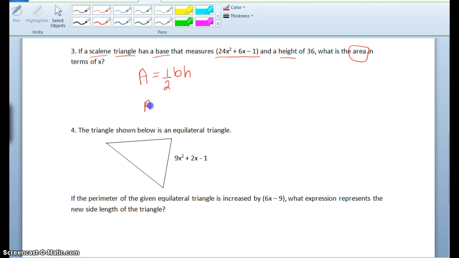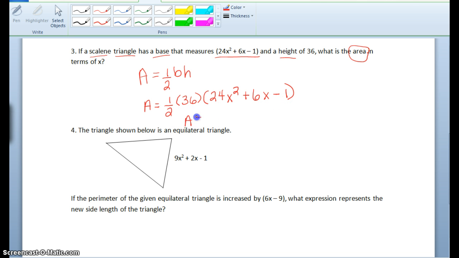Alright, so the area equals 1/2 times the base, which is this expression, and the height, which is 36. I've always found it's easier to put the constants together and then the variable expression behind it. So instead of doing 1/2 base times height, we're technically doing 1/2 times the height times the base. But we've already discussed how that is exactly the same thing.